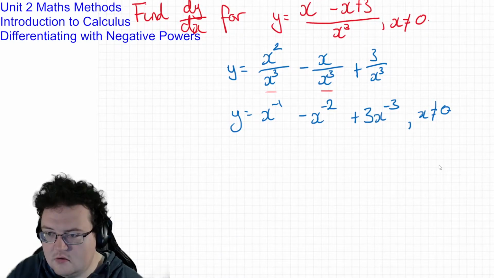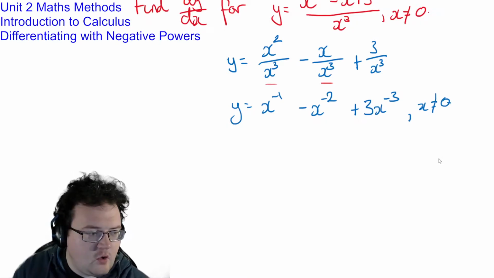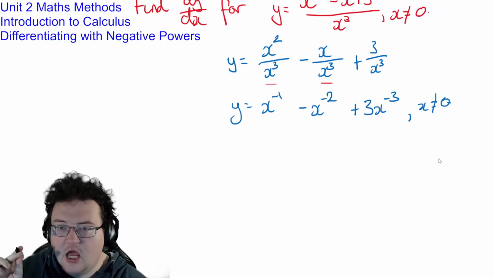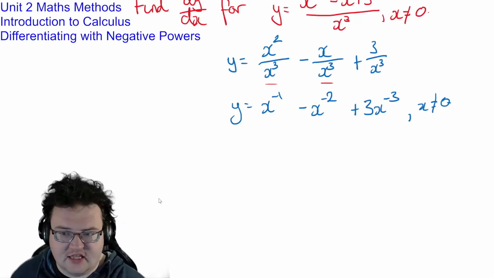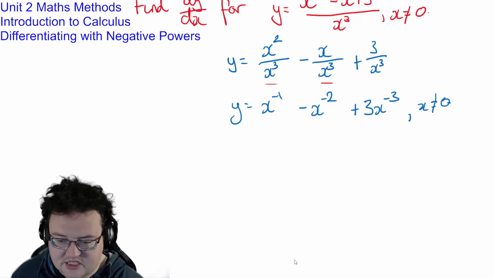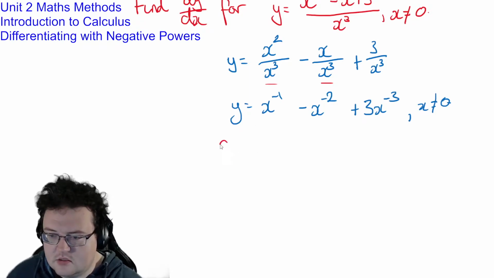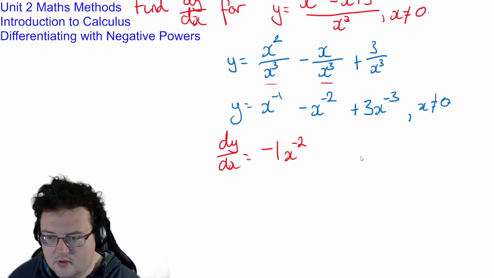So now that I have my equation looking like that, it is in index form, it's got powers, I can now differentiate this via rule. I do it the same way that I've done all my others. So dy dx is equal to negative 1x to the minus 2.